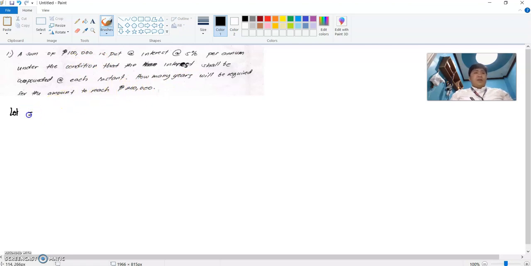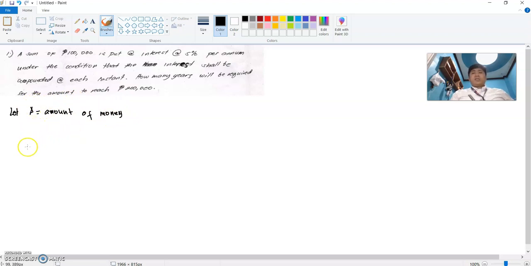For example, let A be equal to the amount of money that will change over time. So, meaning, in this case, the money is the one that is changing.